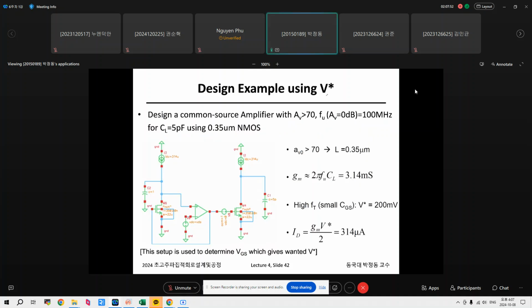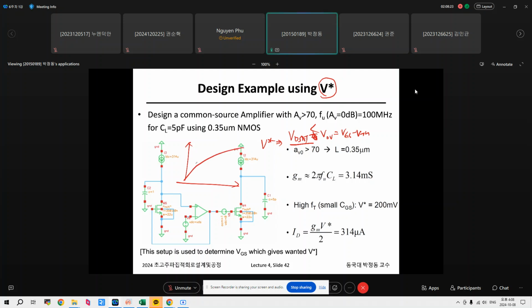The reason for introducing V star is that, as we observed, we don't know where VDSAT exists. Definitely, we understand that VDSAT is even less than the overdrive voltage. Okay, then where is VDSAT? If you draw it, it's something like this.